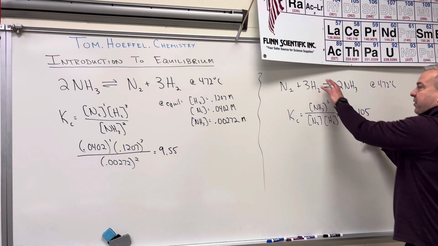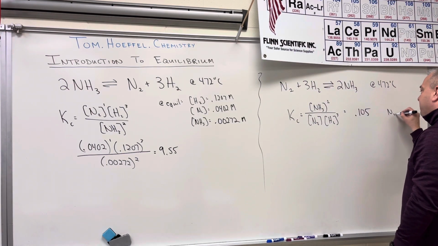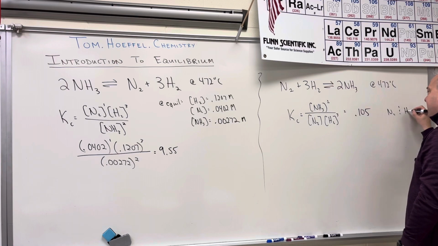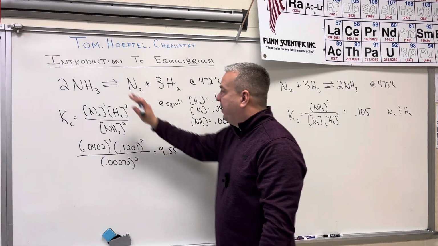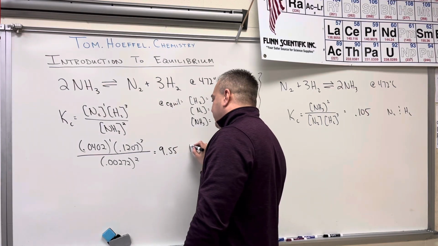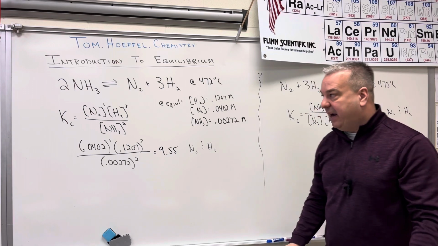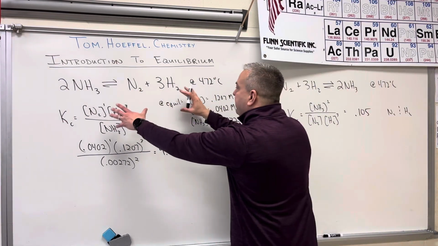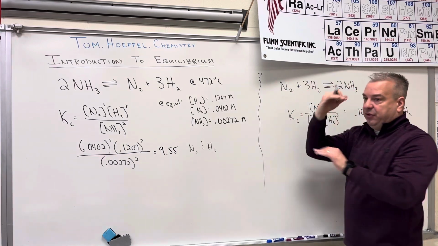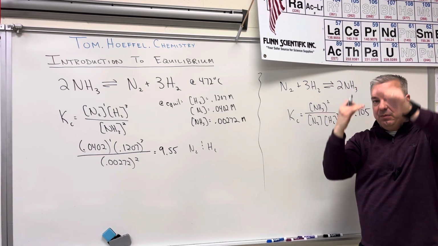But remember, small numbers are going to favor the reactants, and the reactants that are being favored are the N2 and the H2, the same way as this is a large number and it favors the products, but it's still favoring the N2 and the H2. So I guess what I'm trying to say is that if you reverse the reaction, the products become the reactants and the reactants become the products, so those things get reversed.